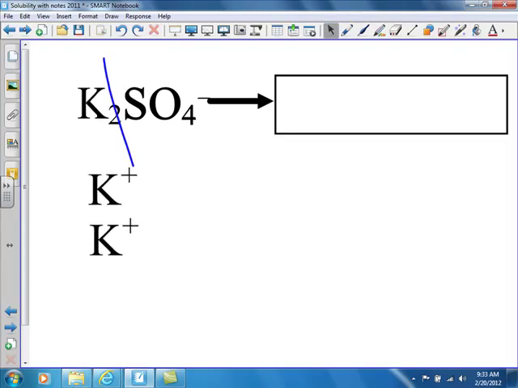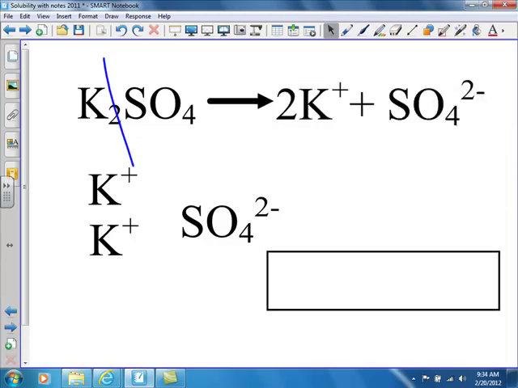Okay, I'm going to get 2 potassium ions. How many sulfate ions? And I'm going to get 1 sulfate ion. So how would I write the ionic equation for this? Okay, hopefully you are writing it as this then. Okay, K2SO4 gives me 2K plus ions plus SO4 2 minus.